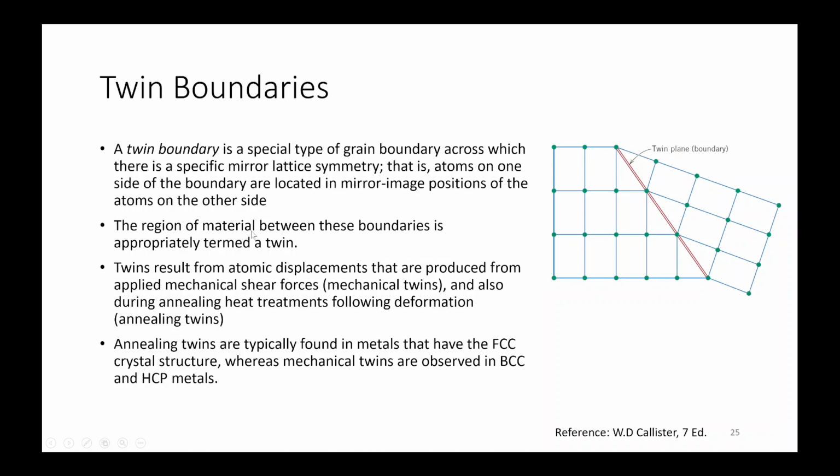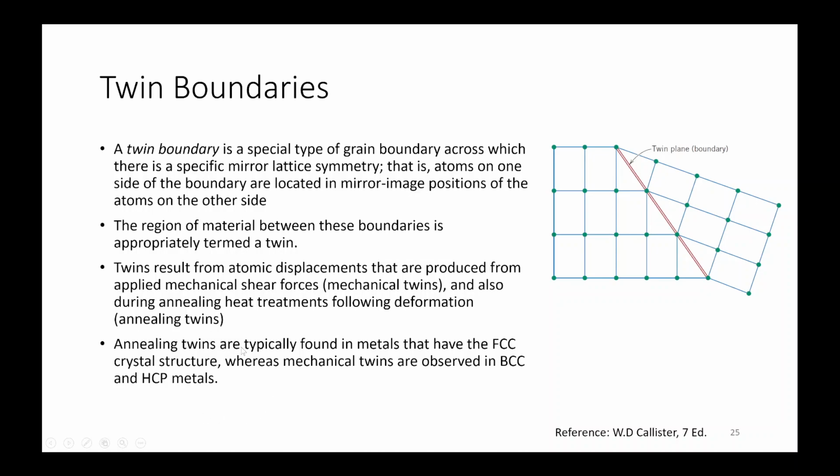The region of material between these boundaries is appropriately termed a twin. The twin results from an atomic displacement produced either by applied mechanical shear forces, which produce mechanical twins, or during annealing heat treatments following deformation, which leads to annealing twins.